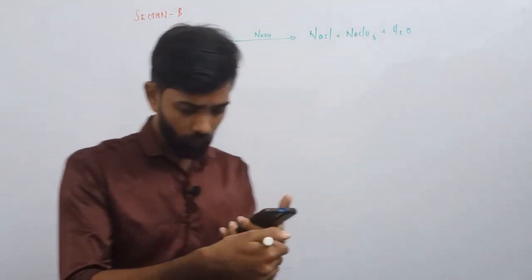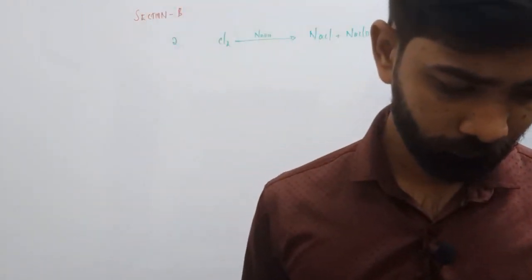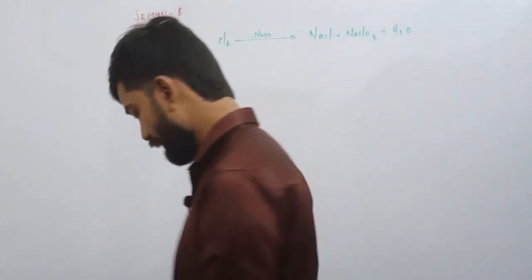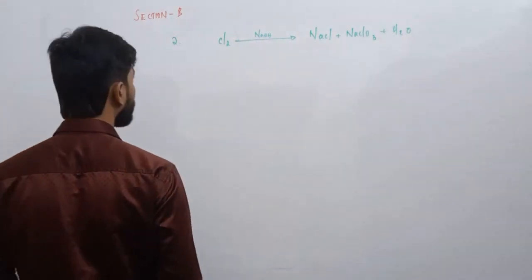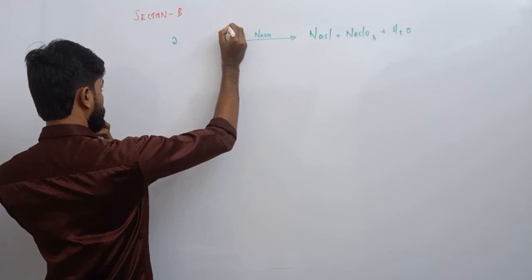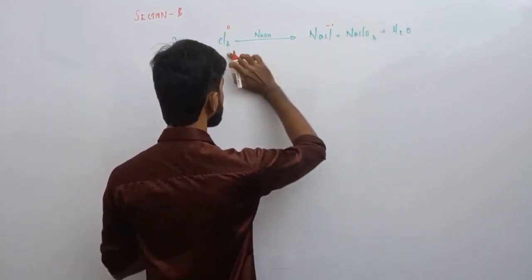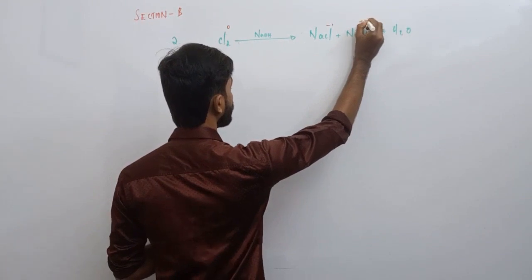Then what is the equivalent mass of chlorine in this case? It is clear that this is a disproportionation reaction. From 0, the chlorine changes to -1, and from 0, the chlorine changes to +5.